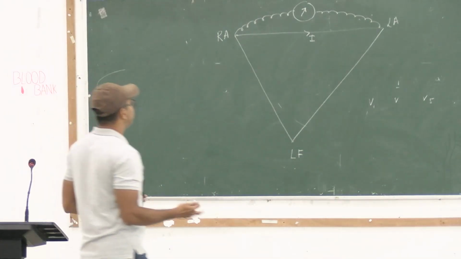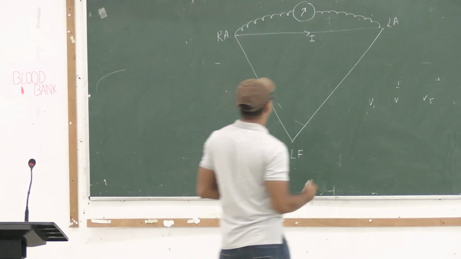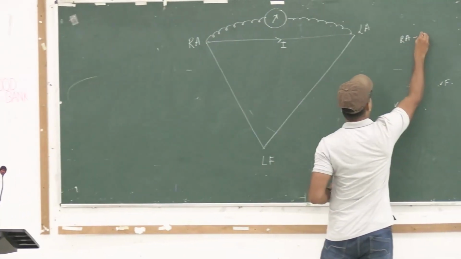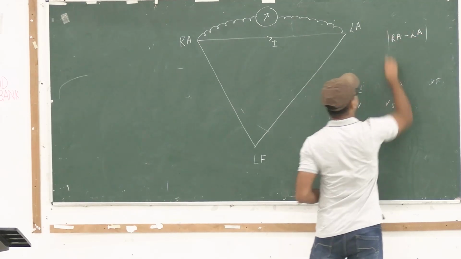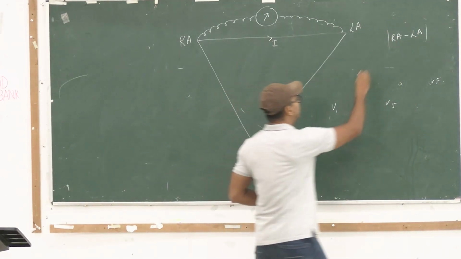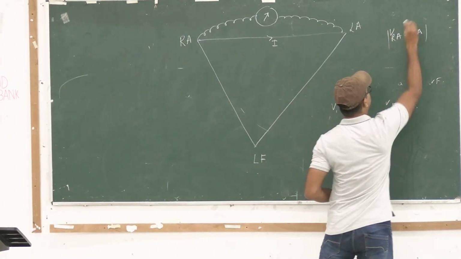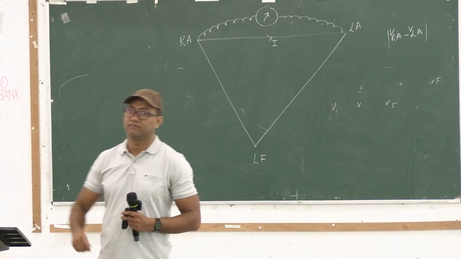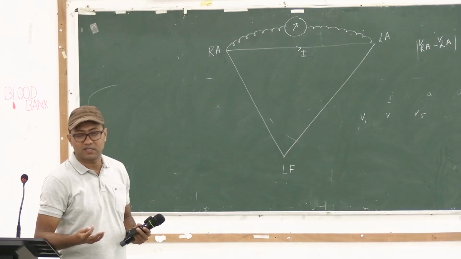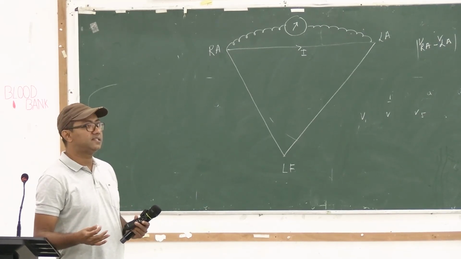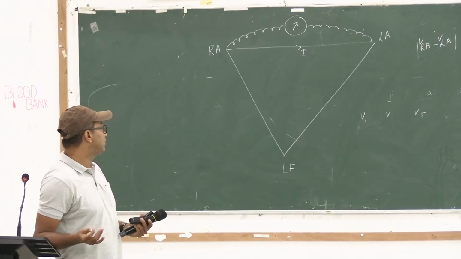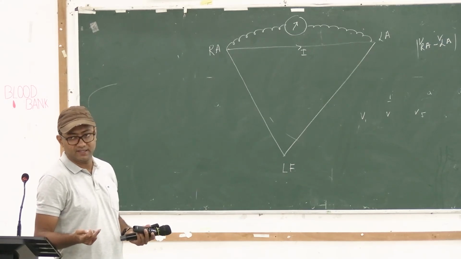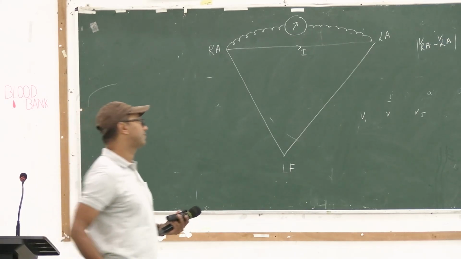So lead 1 is essentially the potential difference between RA and LA. Lead 1 in ECG detects the potential difference between the point RA and point LA, correct?